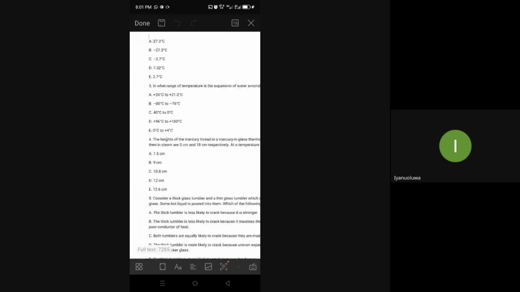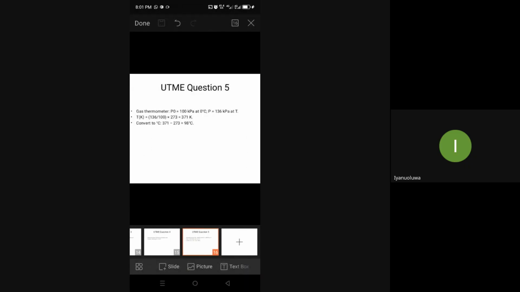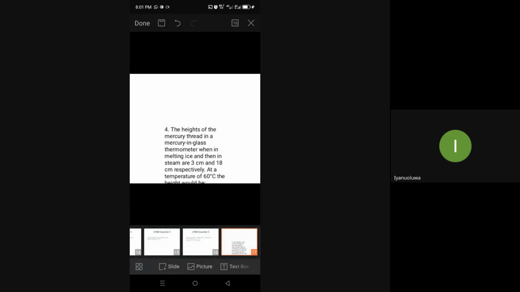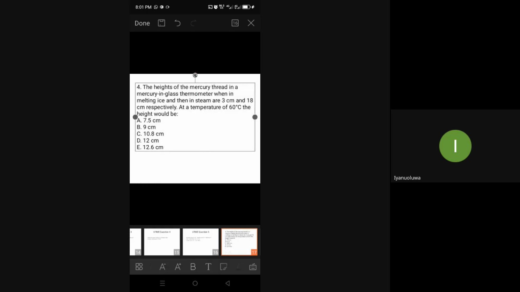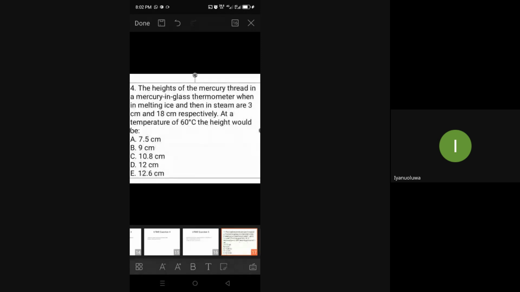Let me copy it and paste it so that you can see it very well. So this is the question. Please write it down so that we can solve it within the next few minutes.